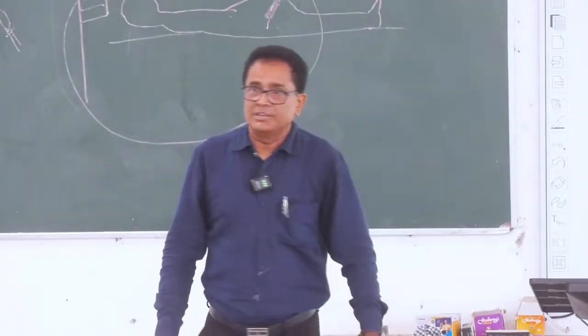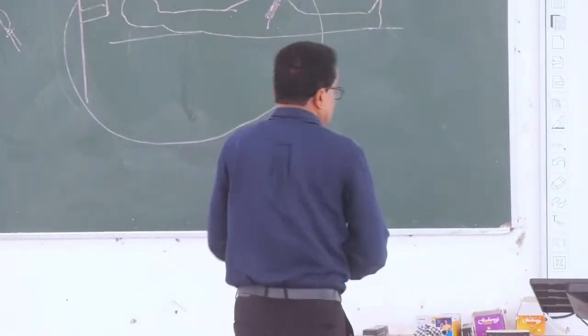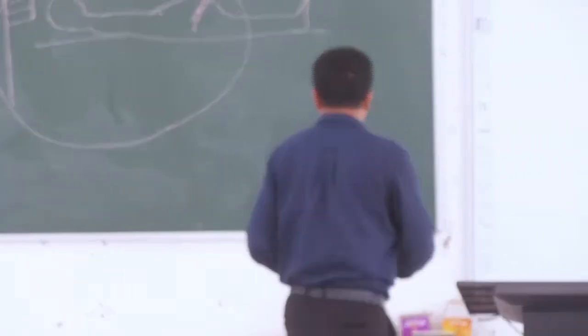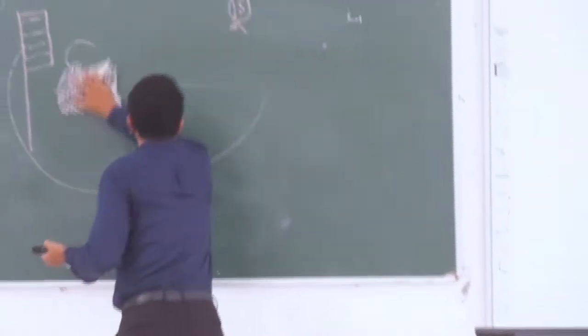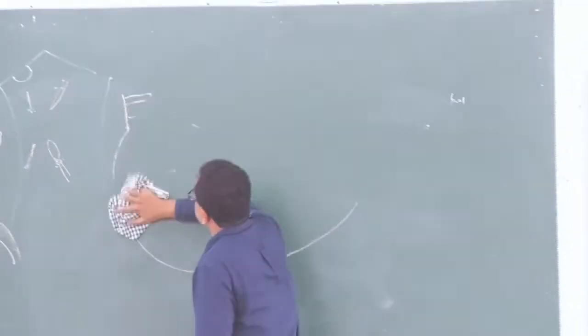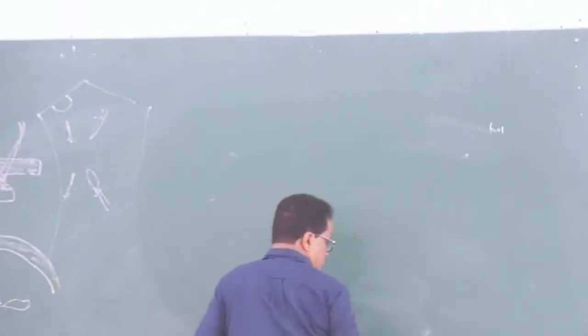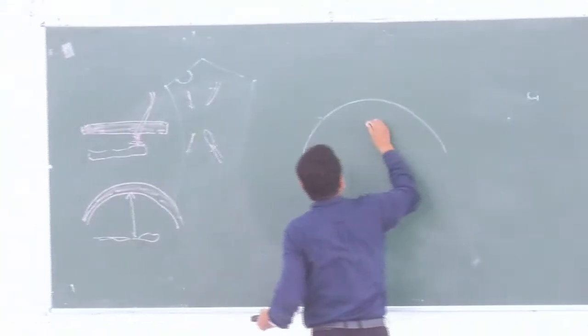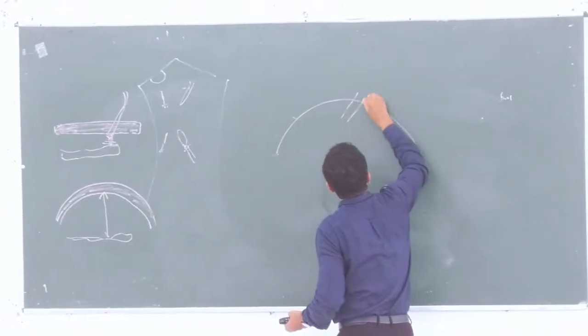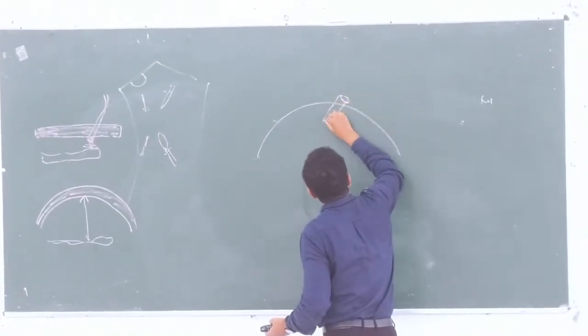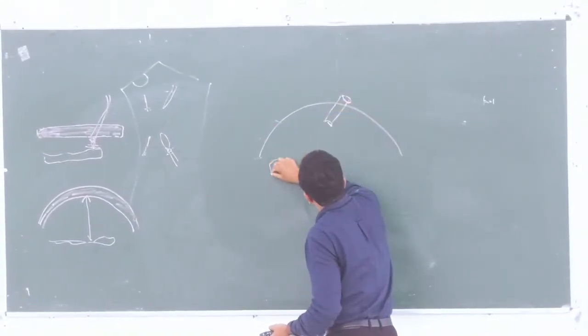Then is the triangulation. Triangulation means this surgery is different from laparoscopic surgery in that, suppose this is the tummy, here is that tube, and here is the gallbladder.